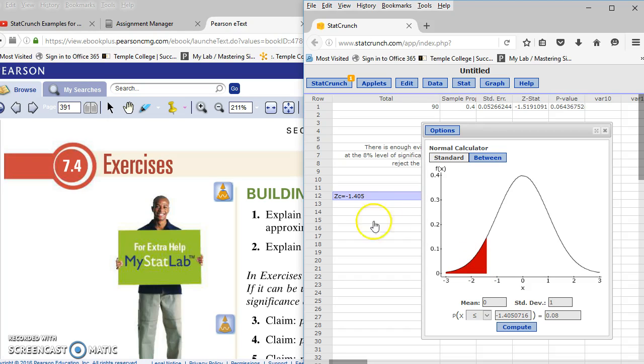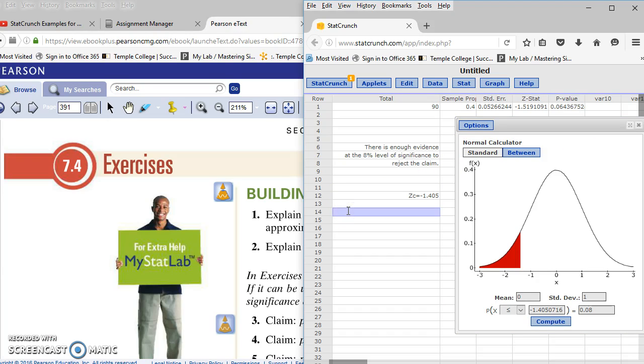And so since our test statistic is less than our critical value, that also tells us that we reject. So since our Z test statistic, negative 1.52, is less than our Z sub C, that says that you reject the null hypothesis.